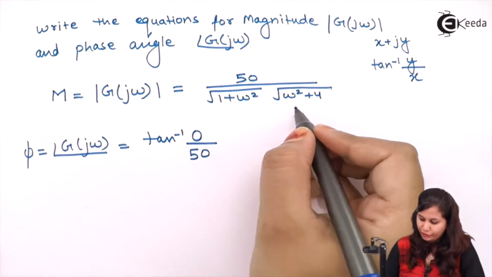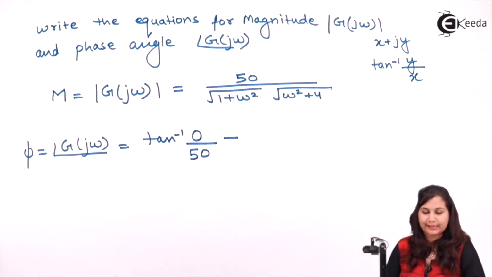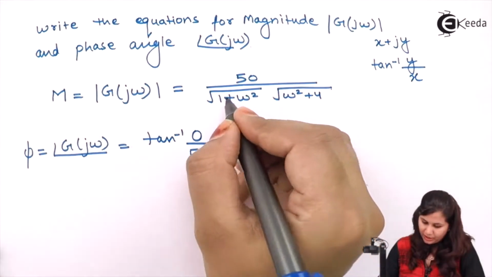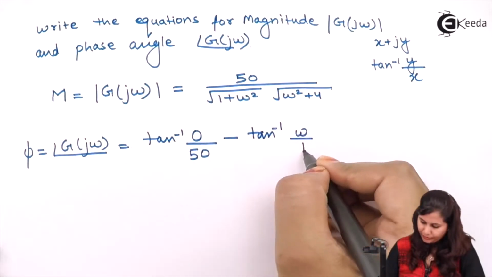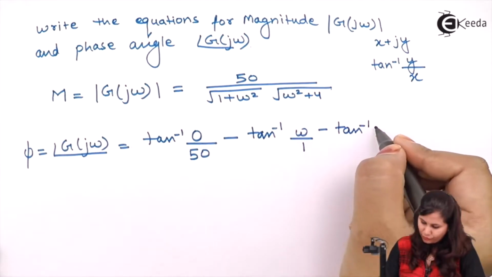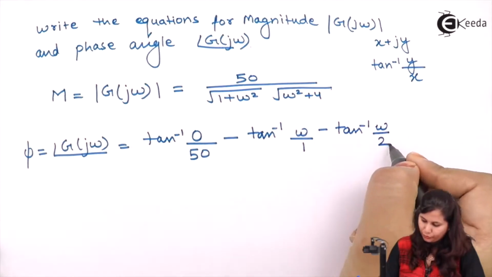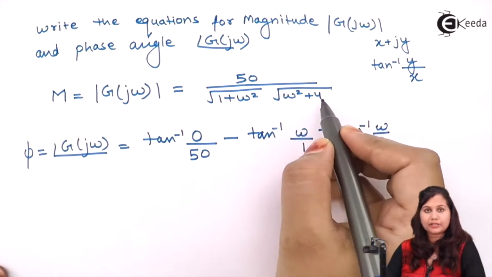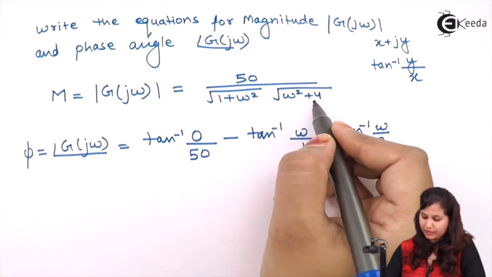Now for the denominator we will use the minus sign, then we have tan inverse of omega upon 1, minus tan inverse of omega upon 2, because the imaginary part is omega and the real part is 2, in j omega plus 2.